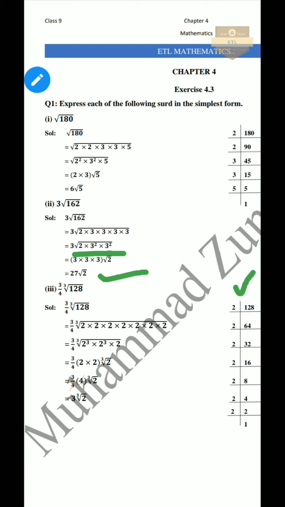It can be written as 2 power 3 multiplied by 2 power 3 multiplied by 2 power 1. Now this 2 power 3 will be cancelled with the cube root and we have 3 by 4 into 2 multiplied by 2 into cube root of 2. Now 2 times 2 is 4, and this 4 will be cancelled with 4 in the denominator. So it will be equal to 3 cube root of 2, which is our answer.